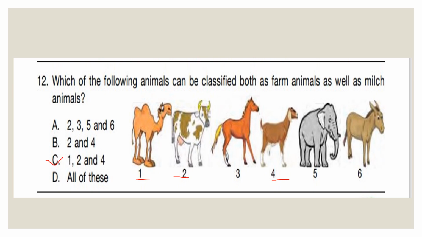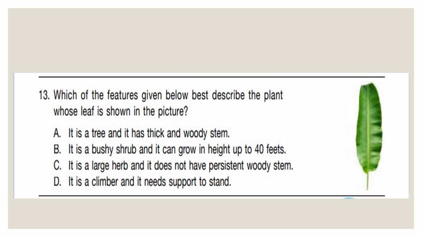Question number 13. Which of the features given below best describe the plant whose leaf is shown in the picture? Option A. It is a tree and it has a thick and woody stem. Option B. It is a bushy shrub and it can grow in height up to 40 feet.